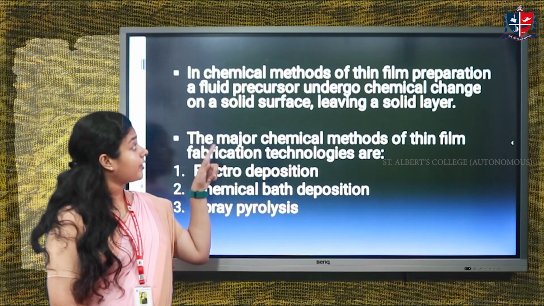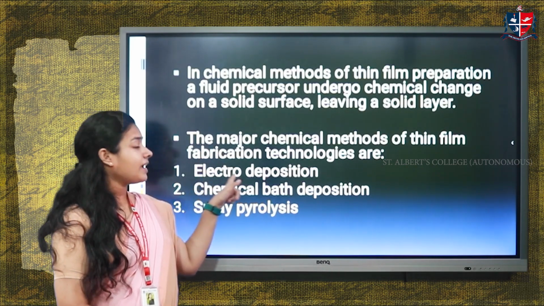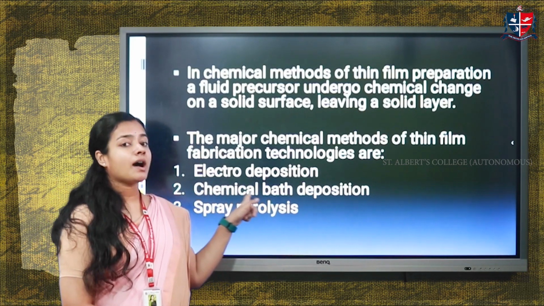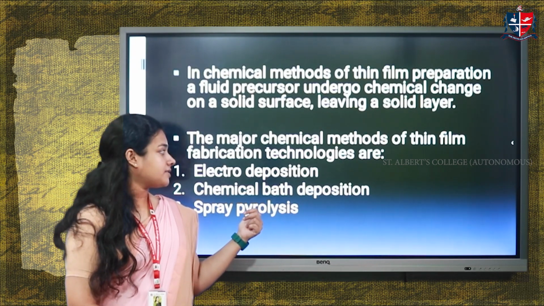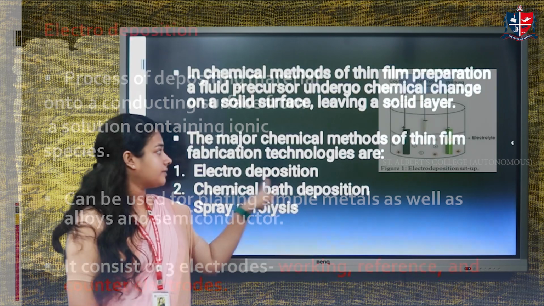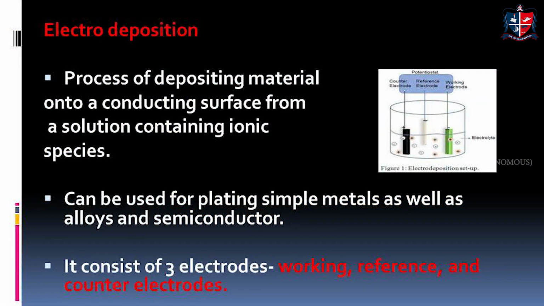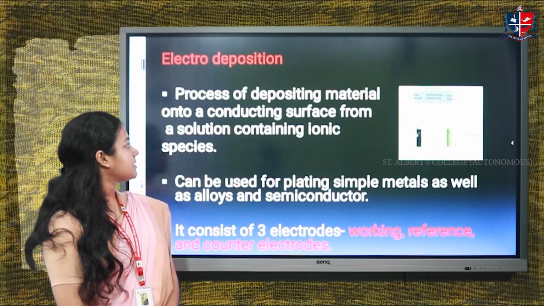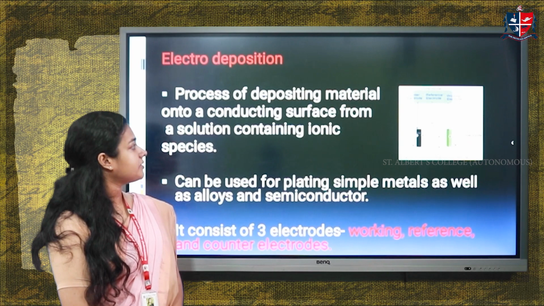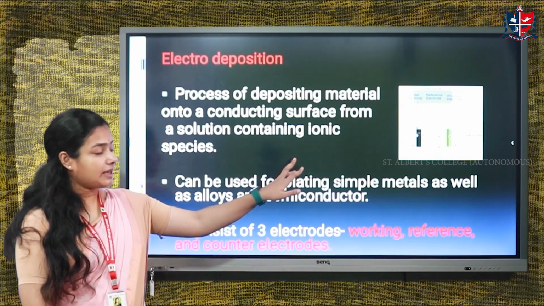So there are major chemical methods of thin film fabrication technologies. In chemical vapor deposition, we are having electrode deposition method, chemical bath deposition method, and finally spray pyrolysis. So let us see what are these three different methods. The first one is electrode deposition method. The process of depositing material onto a conducting surface from a solution containing ionic species. So here we have three electrodes present.